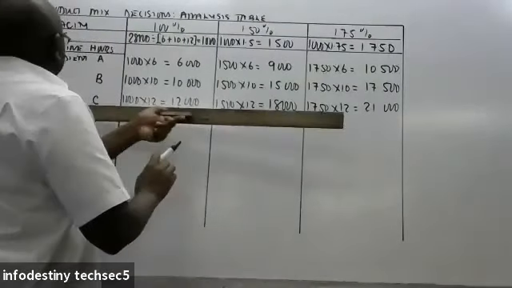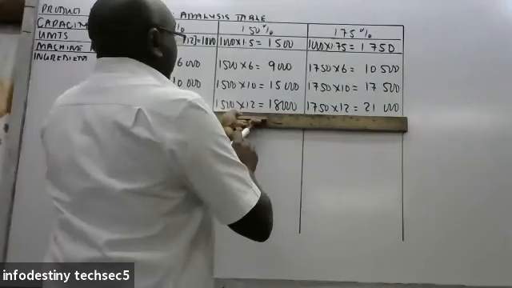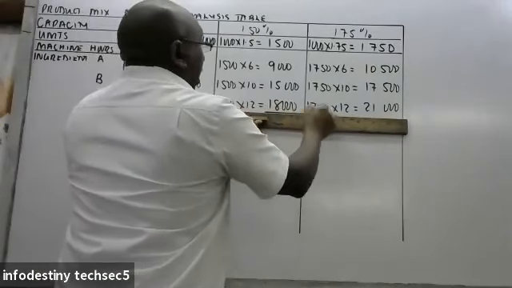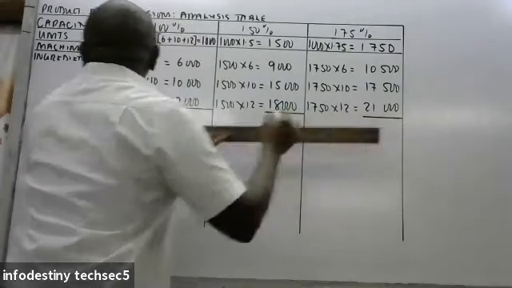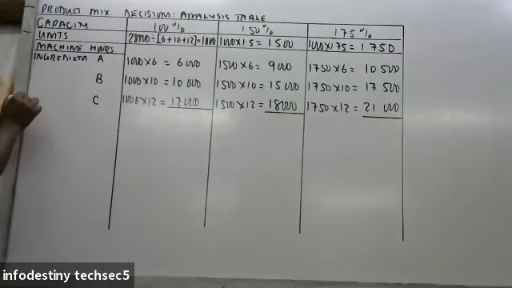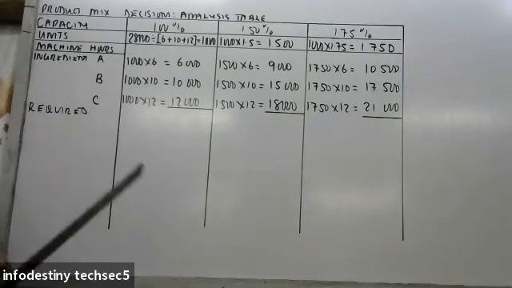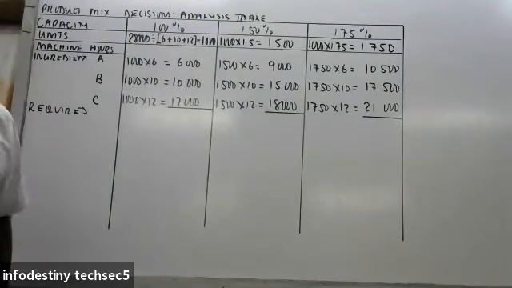So with that, I will be able to get a figure called required. Now the required, you simply add.